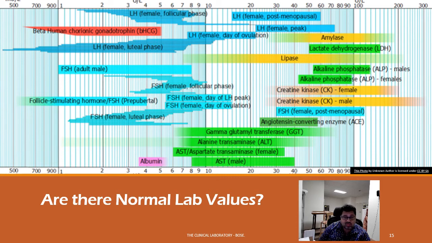Finally, for treatment purposes, you plan for treating a disease or a condition, you evaluate the response to the treatment, and then for monitoring purposes, such as monitoring the course of a disease over time, like for example, BNP levels in heart failure.